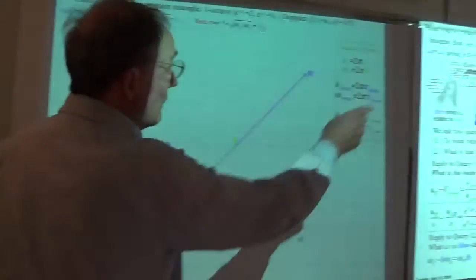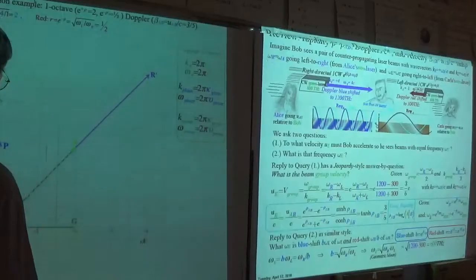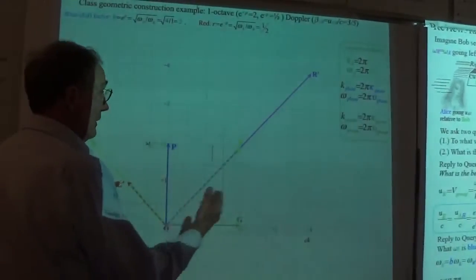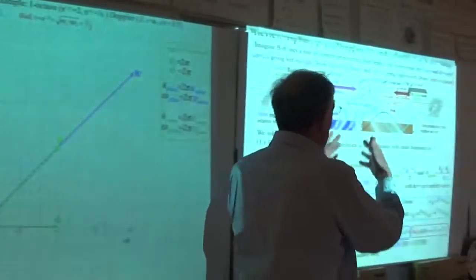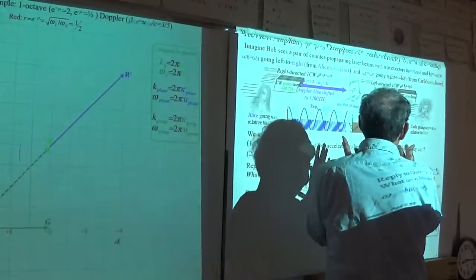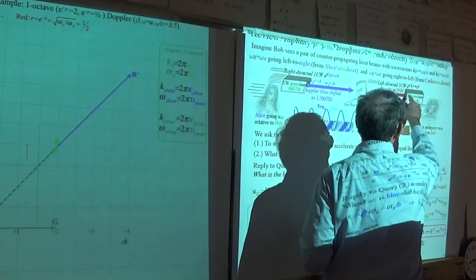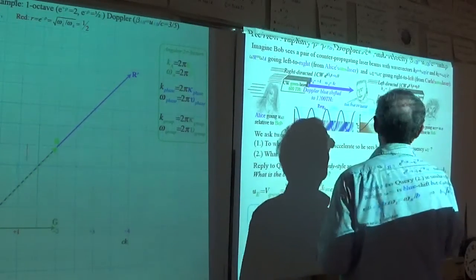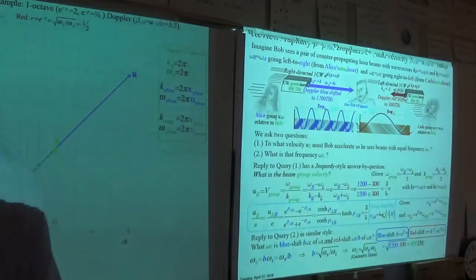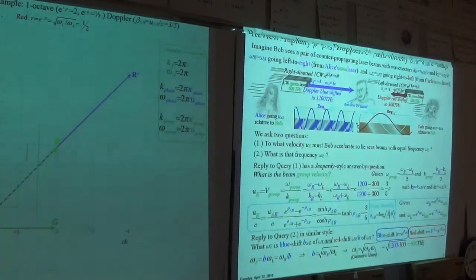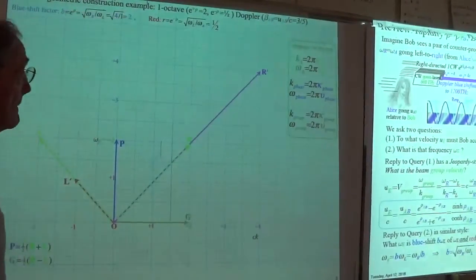And then Carla's frequency that Bob is seeing is the red shift. If you want to look at it from their point of view, you're running away from this laser and getting the frequency red shifted down by the same factor to here, while the other one has gone the other way.